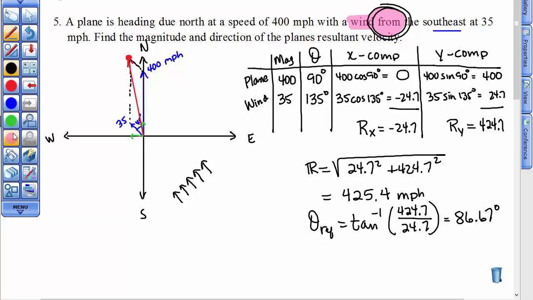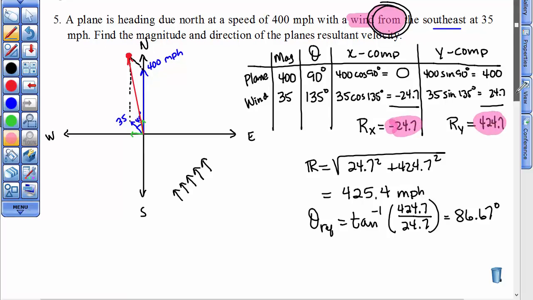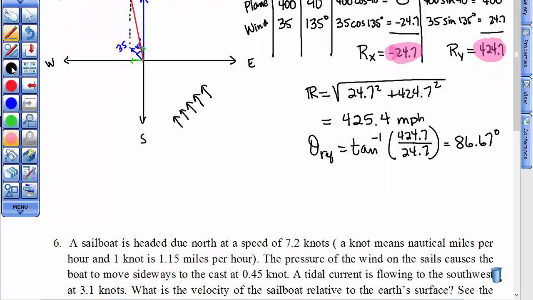But because I know this x component is negative and this y component is positive, I'm in the second quadrant. So one option to state the angle is to take 180 degrees and subtract the reference angle, which gives us 93.33 degrees.